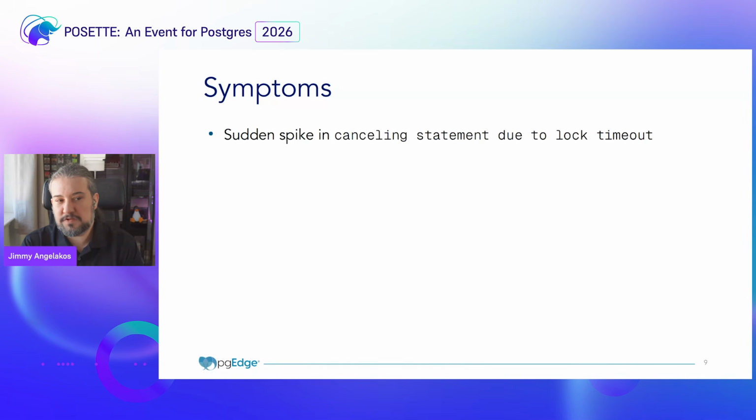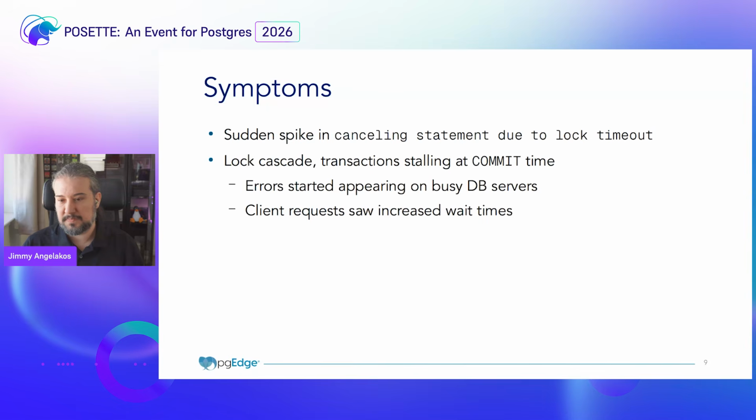One day, the worst of the symptoms was there was a sudden spike in canceling statement due to lock timeout log lines. So in the logs, they would see things like this, which were quite unusual to see.